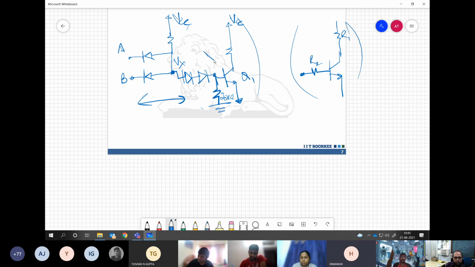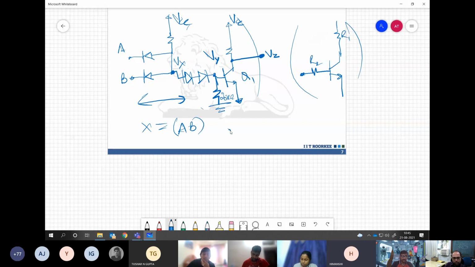And then this as Vy, and then this as Vz. Now as per your understanding, what would be Vx, or let us say if I represent X, what is this gate realized through the diode? AND gate, A into B.